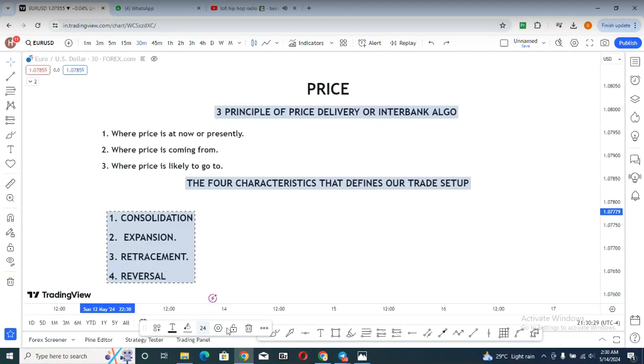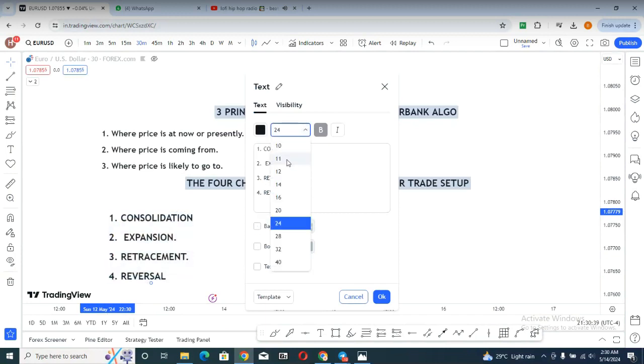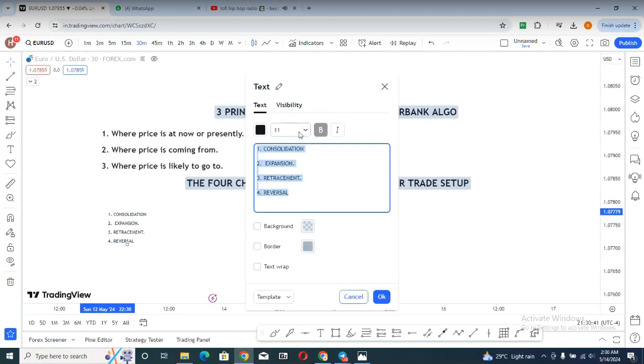So we have the consolidation, we have the expansion. Don't know what's wrong with my gadget today.